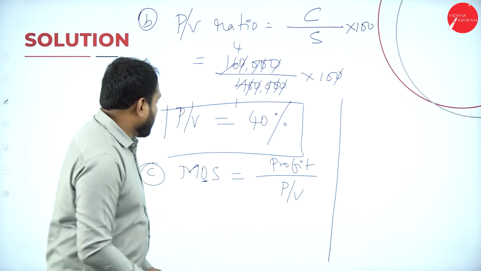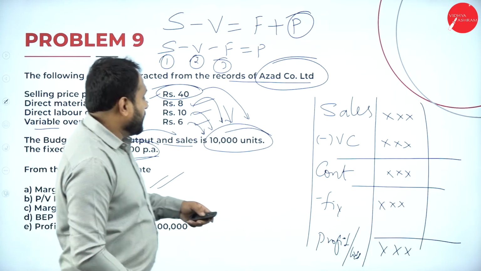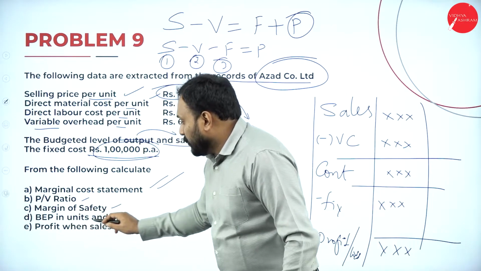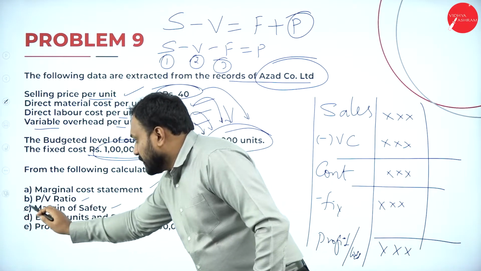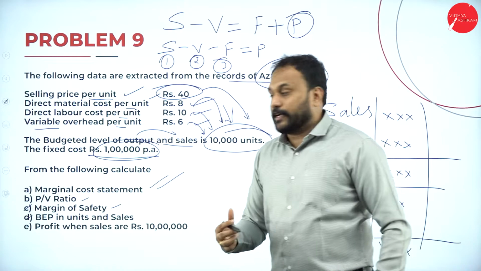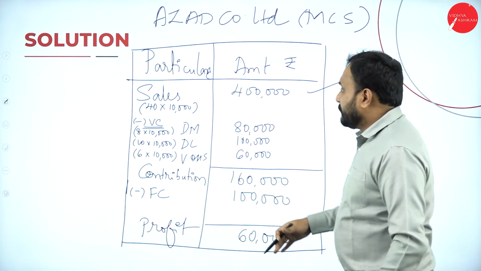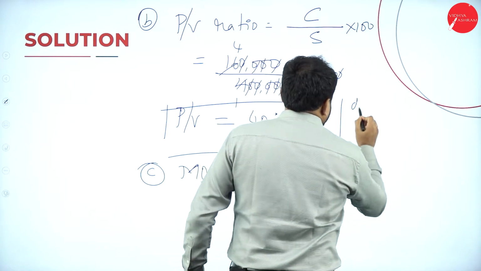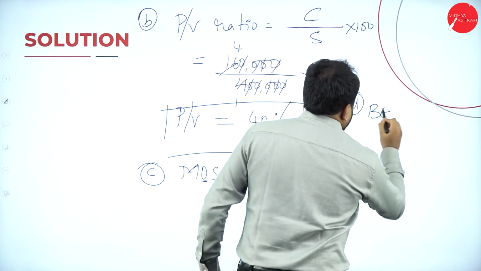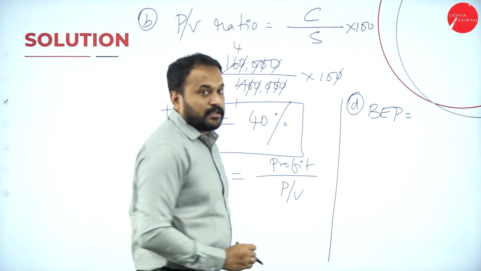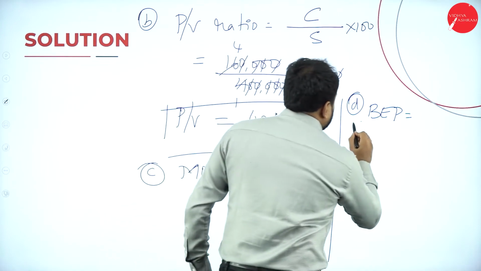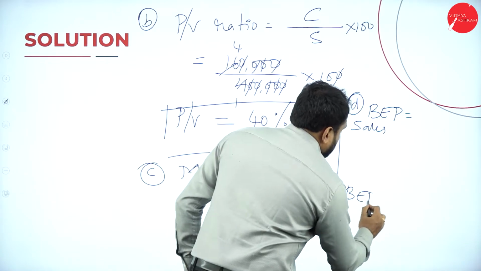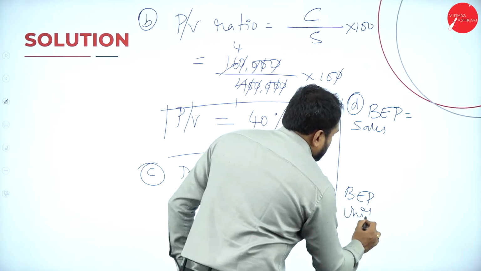The same way here also. When we go with the question here, MOS is there, right? MOS, BEP in units and sales. Even these two I'll tell you how to solve. Let's go with BEP in sales first, then we will go with BEP in units.